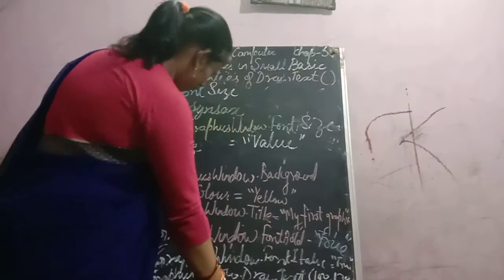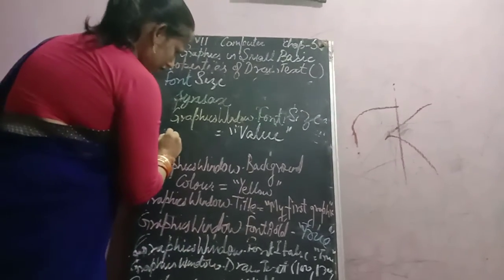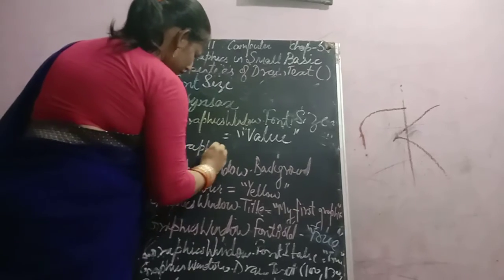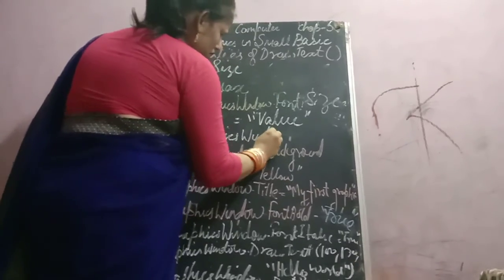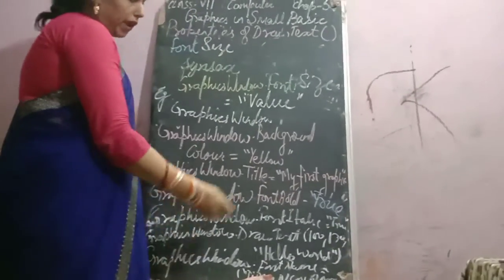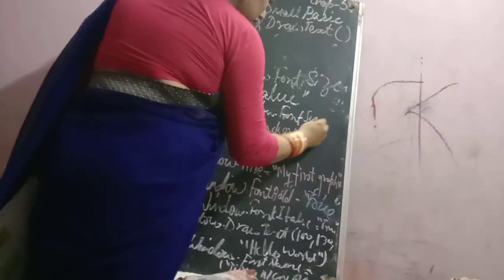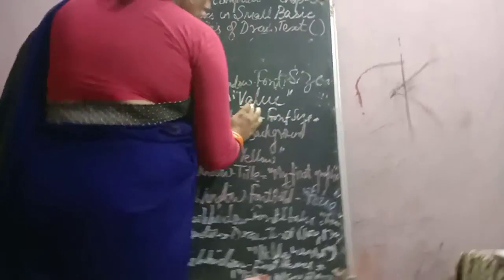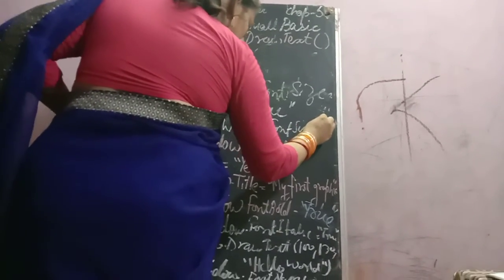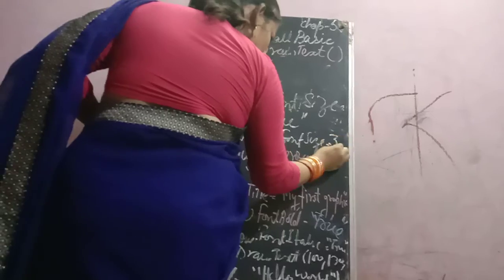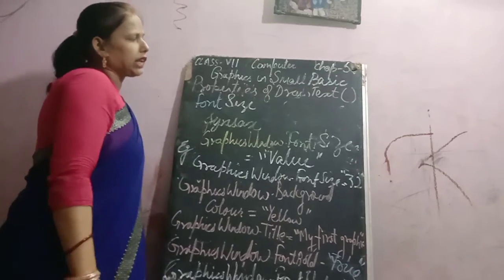I am writing the example at the last. Graphics window dot font size equal to, now you have to give the value. I am giving the font size, say 32. So the font size will be 32.